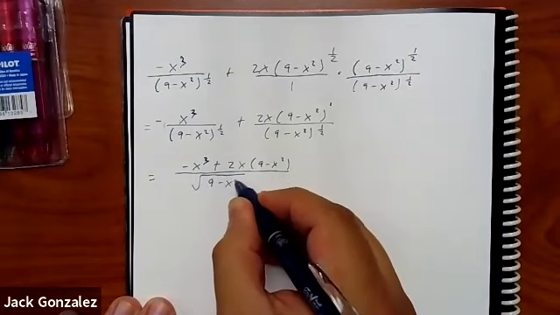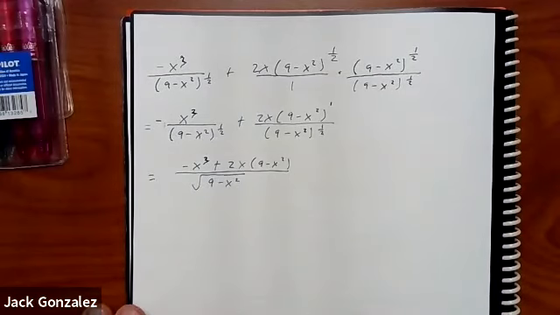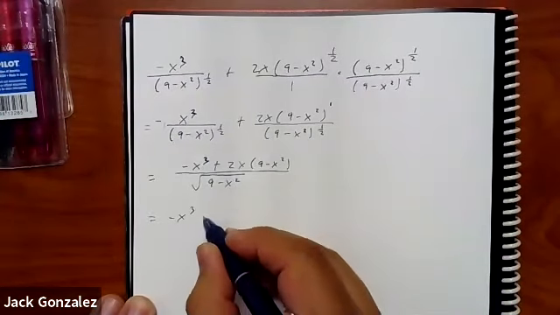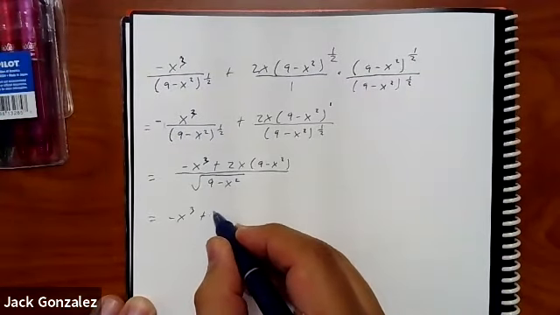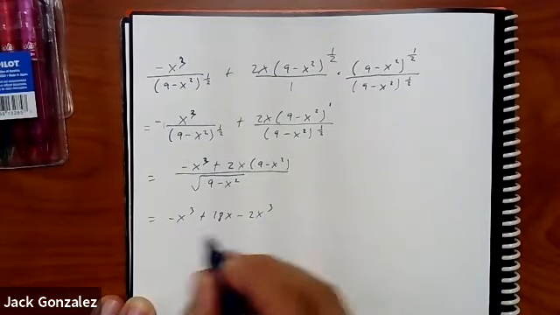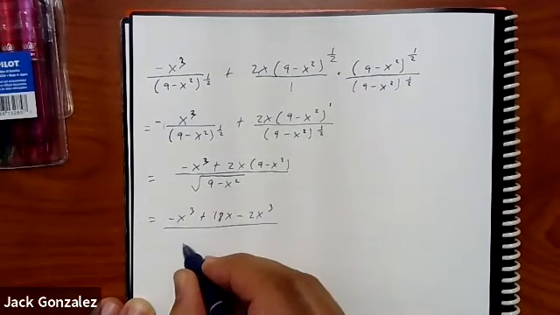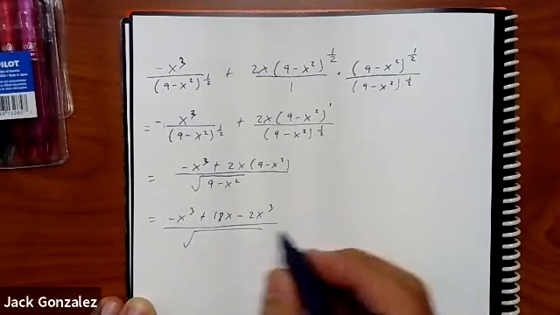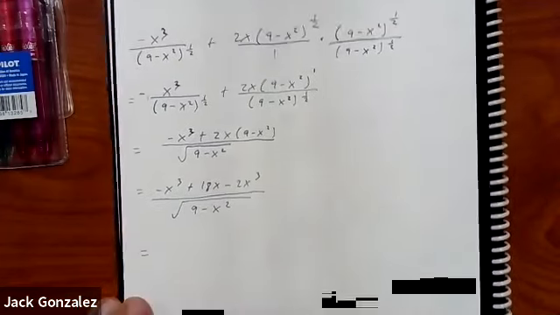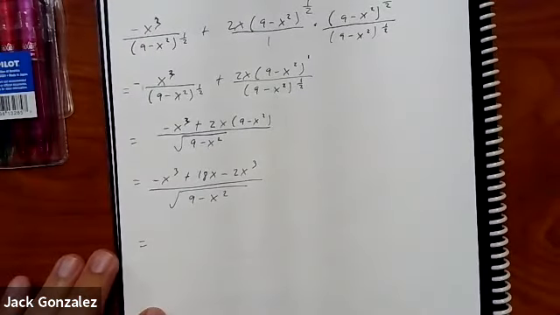I'm just going to change it because it's easier to write. Distribute the top part will give us 18x minus 2x cubed. Again, I'm just doing algebra at this point. The calculus ended a long time ago.